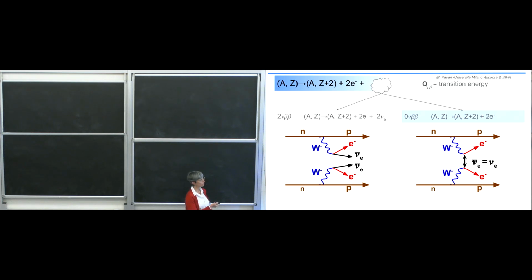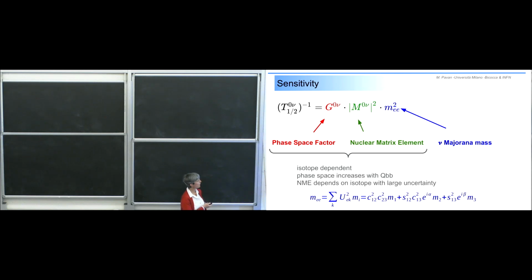So we have to design an experiment that is able to detect this transition, being aware that this transition may not exist.